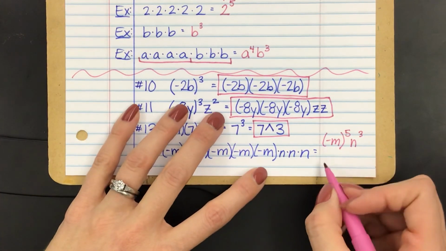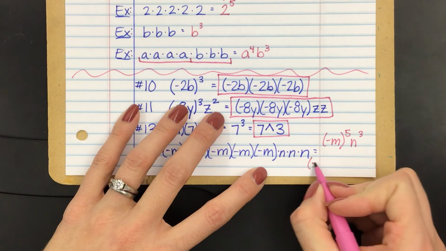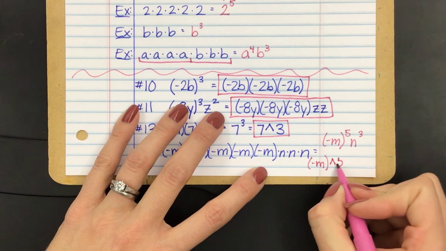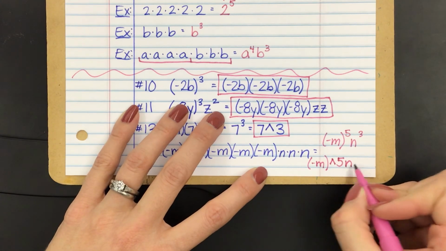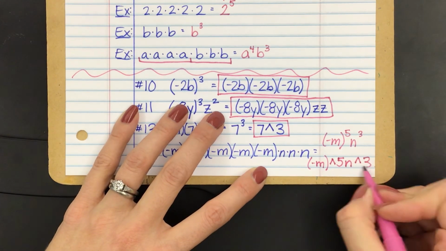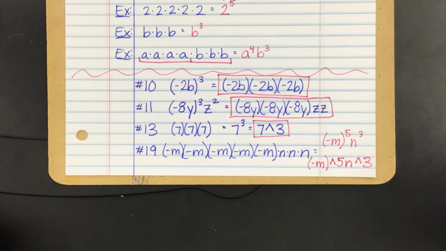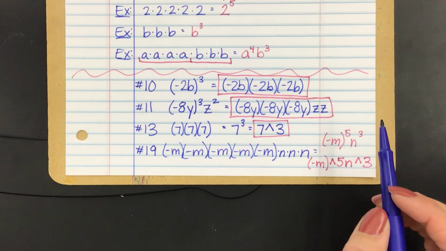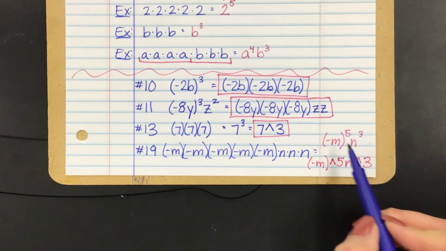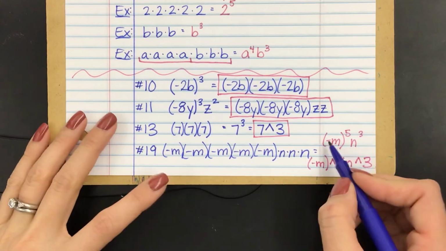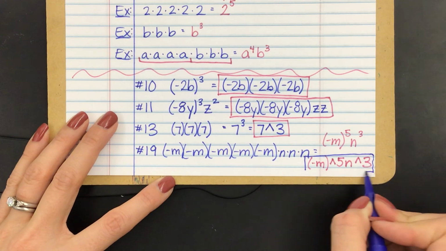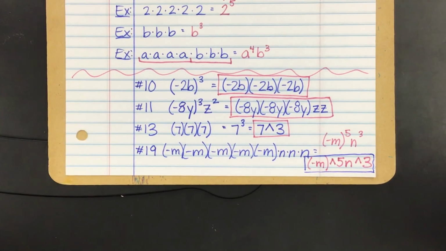So when you put this in the answer checker, you're going to do negative m cap 5, and then n cap 3, no spaces. I recommend that you write your homework down on paper, showing the correct form, and then convert that form to the one that goes into your Google Form.